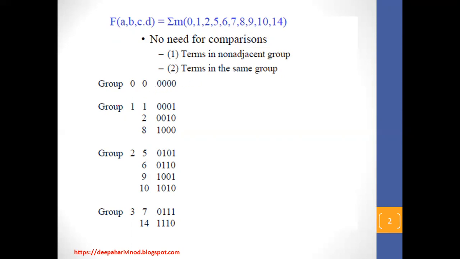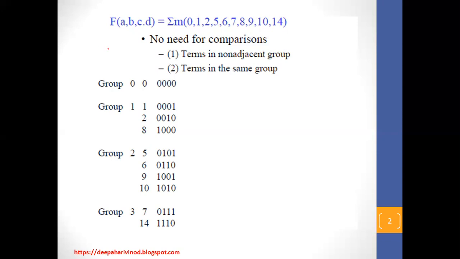Next is group 1, which has only one binary 1. In the next group you can see 2 binary ones, then 3, and the next group will have 4 binary ones, if present in the question.